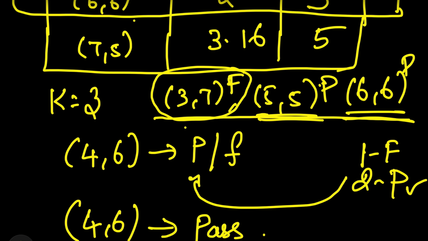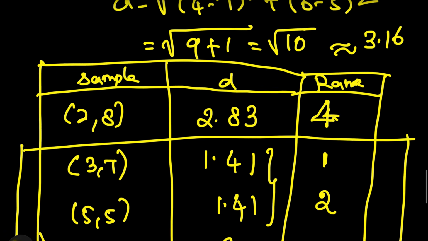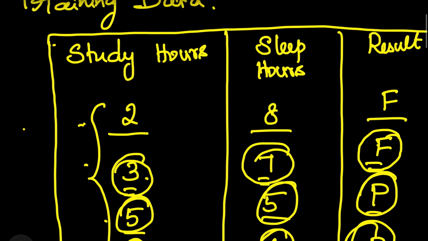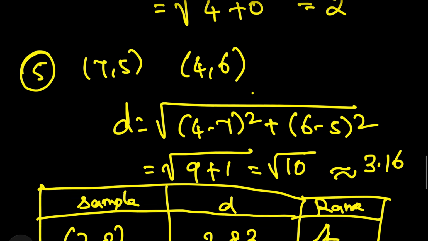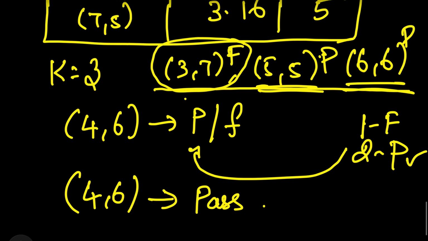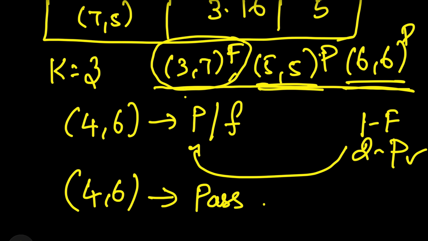So the student who has study hours as 4 and sleep hours as 6 will get a pass mark in the exam. So this is how a KNN can classify the given sample by using the nearby neighbors' majority voting, right?